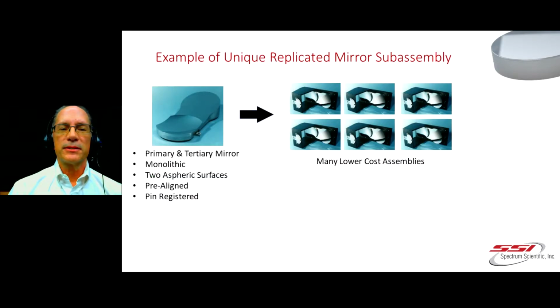I really like this example a lot. This is a pretty unique application of replicated optics. You can see in this image there are two mirrors, a primary and tertiary mirror.